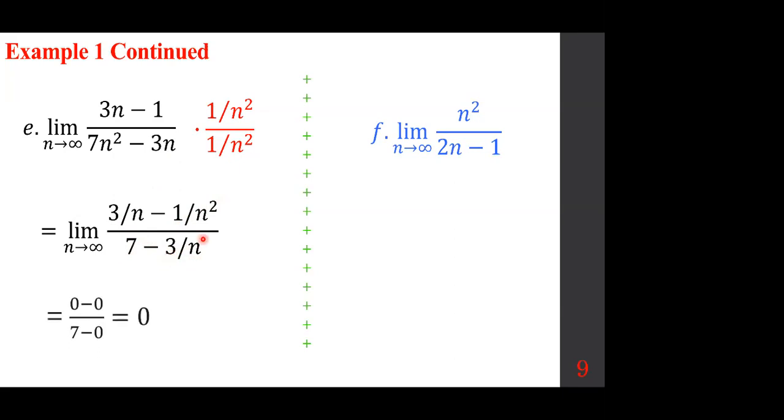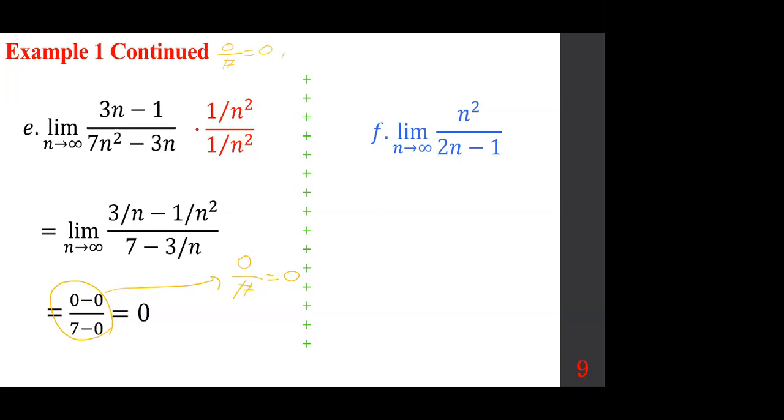I want to make sure everybody understands what happens here. This is extremely important to realize that we have 0 over some number. Of course, it happened to be 7. 0 over a number is 0, everybody, okay? But it's not 0 over 0. This is 0 over a number. So if we get 0 over any number, the answer is 0.